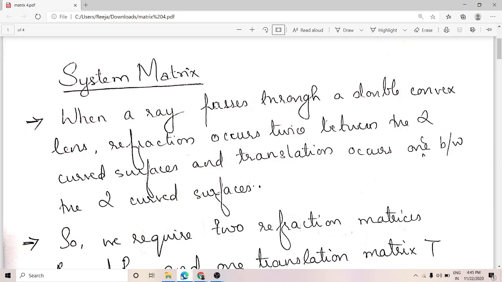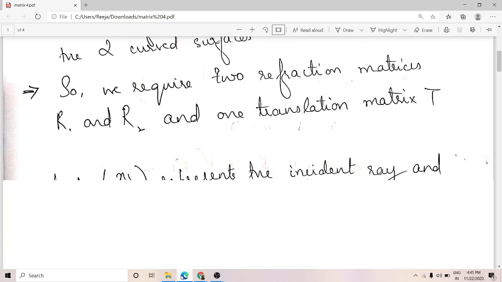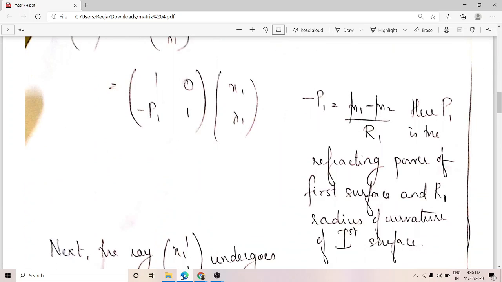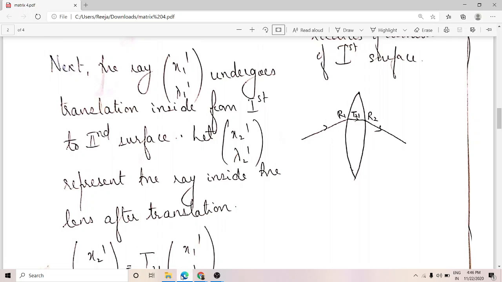That is, when a ray passes through, for example, a double convex lens, refraction occurs twice, at the two curved surfaces, and translation occurs once between the two curved surfaces. So I'll show you the figure. When we consider refraction, the ray first undergoes one refraction at the first refracting surface, then it undergoes a translation between the two ends of the lens, and then again it undergoes one more refraction.